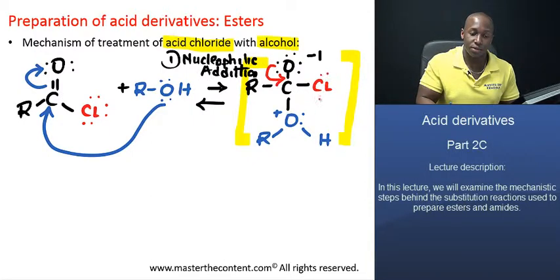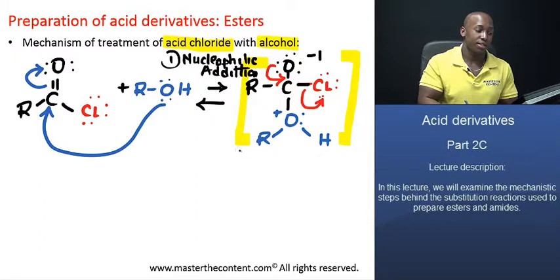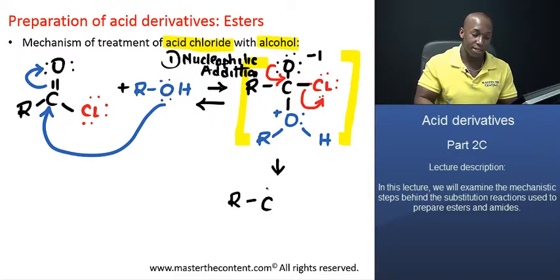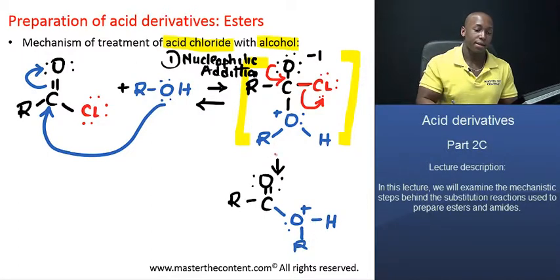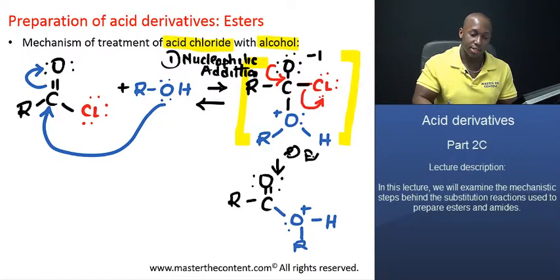And then this chloride ion that we have right here will exit with this pair of electrons, resulting in the formation of yet another charged intermediate that looks something like what I'm drawing at the bottom of the screen, carrying a positive charge on that oxygen atom right there. And that's pretty much going to be our second step. So it's an exit of our leaving group. It's an elimination step.